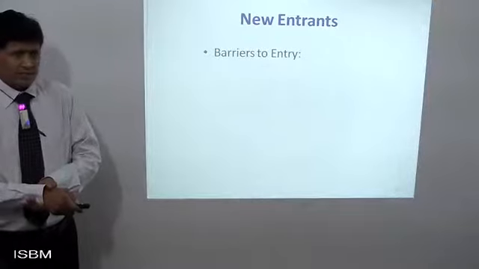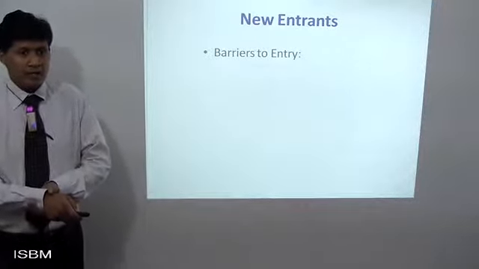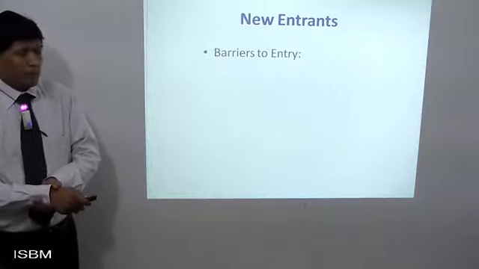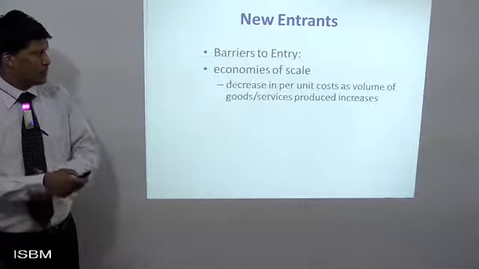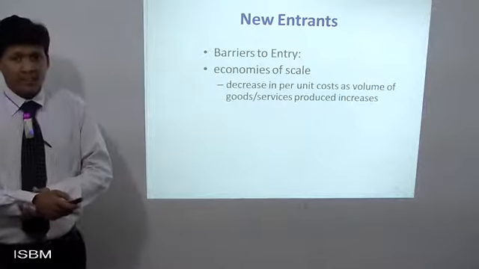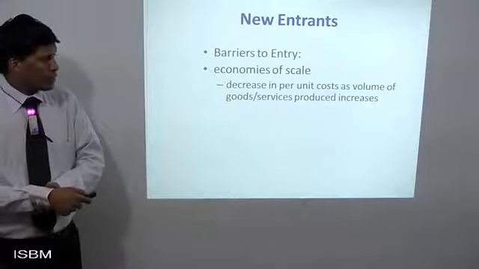The new entrants. Now, we know when we speak of competition, new entrants keep happening. So, barriers to entry. What do existing players do as barriers? The economies of scale, for example the decrease in per unit cost as the volume of goods and services produced increases.